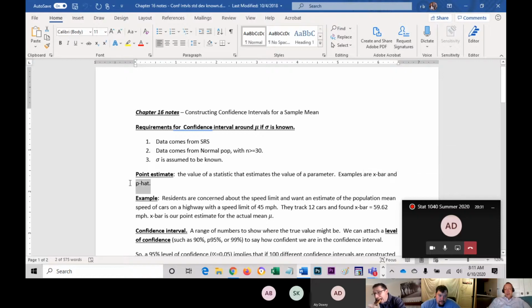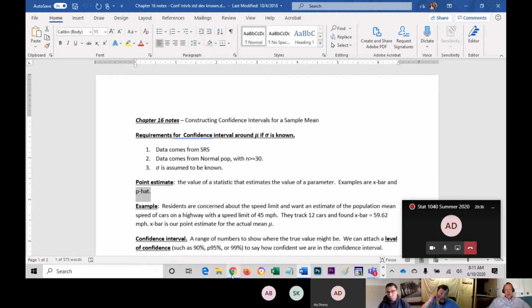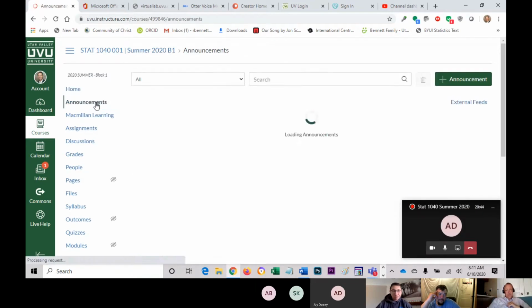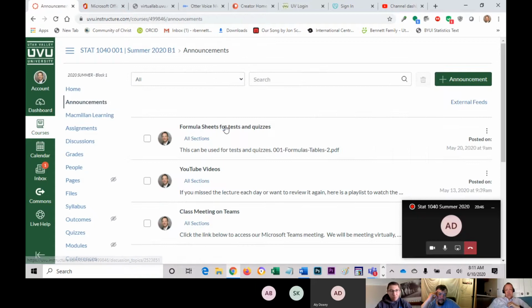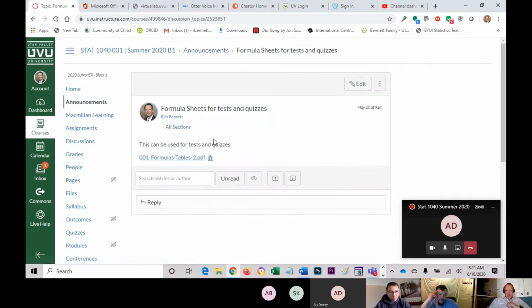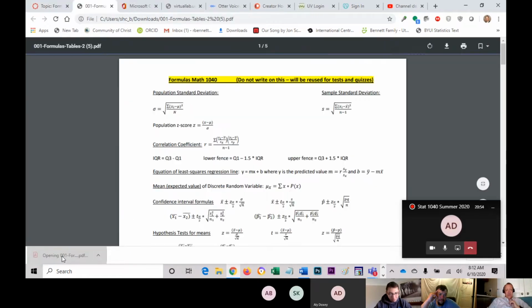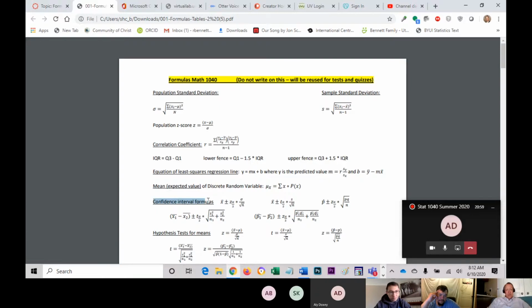P hat, and here, let me pull up my notes. Formulas for the sheets, tests and quizzes. Okay, so just as a reminder, I just want to make sure you know what we're talking about on the formula sheet. So we're going to get into some confidence interval formulas.